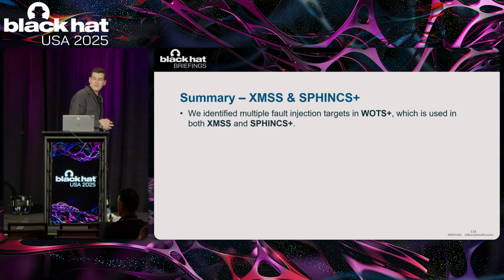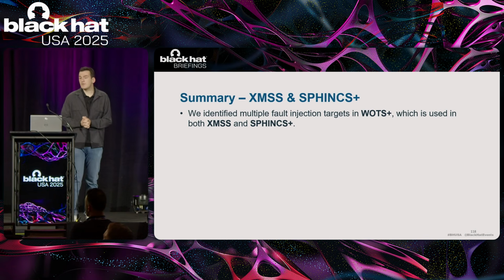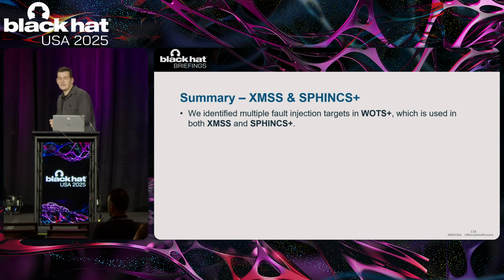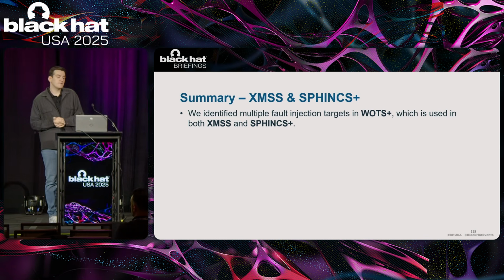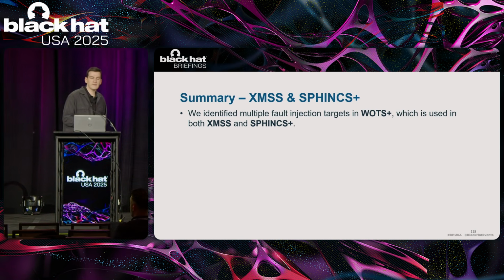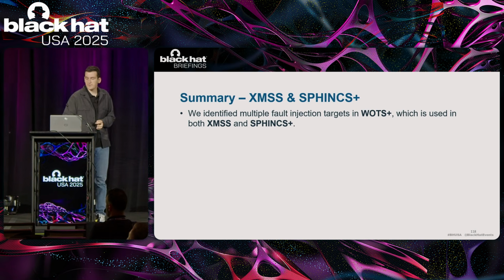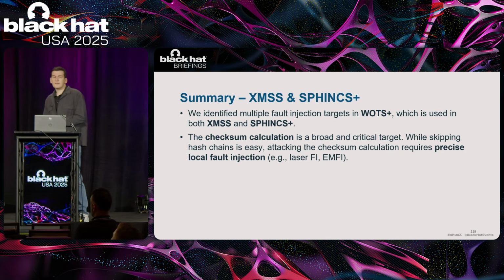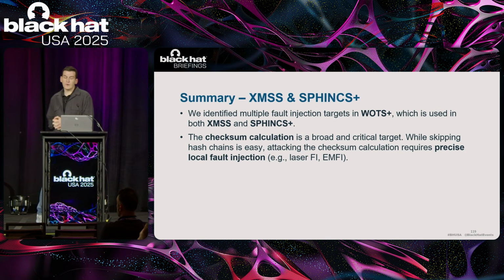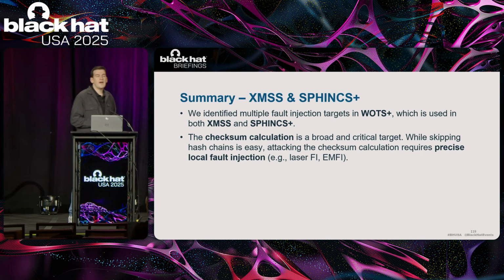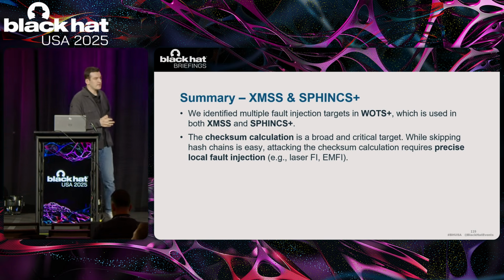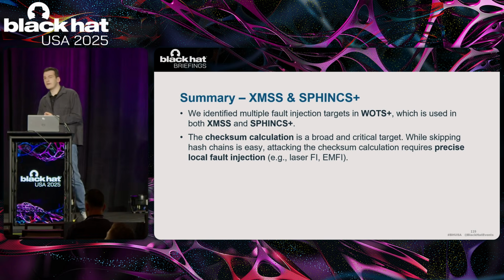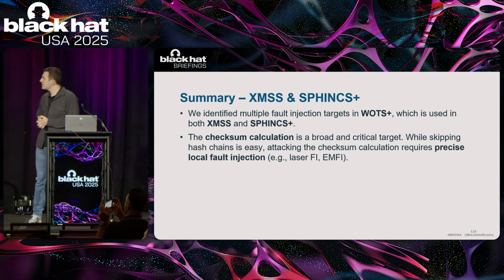So, for the summary, we identified multiple fault injection targets in WOTS+, which is used in both XMSS and SPHINCS+. The checksum calculation is a broad and critical target. Skipping hash chains is easily doable with voltage fault injection.